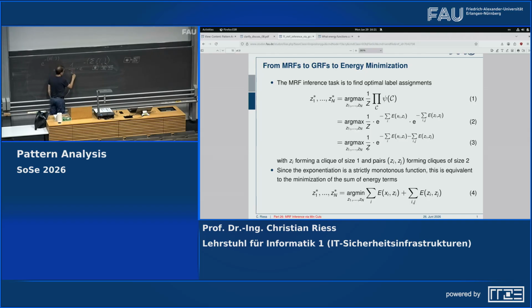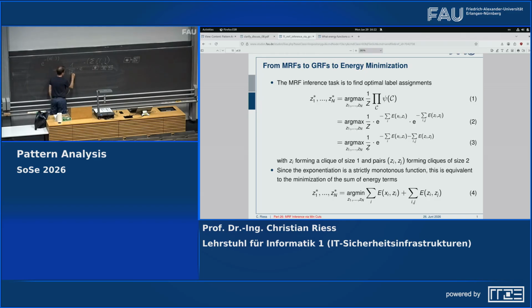The role of the Z is to divide by an appropriate value such that this is a proper probability distribution, normalized such that it integrates to 1.